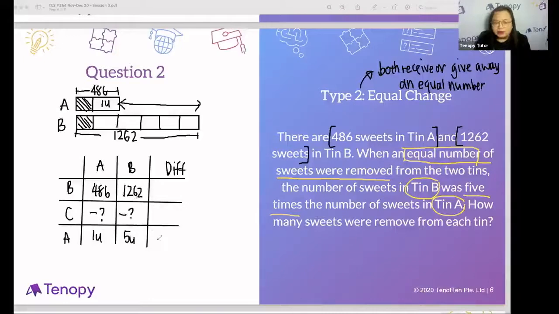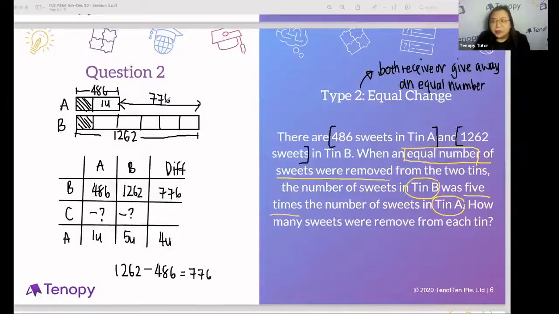In the table, the difference between them is 4 units. For the difference, we take 1,262 take away 486. This way, I get a value of 776. You see? Both give you the same answer.